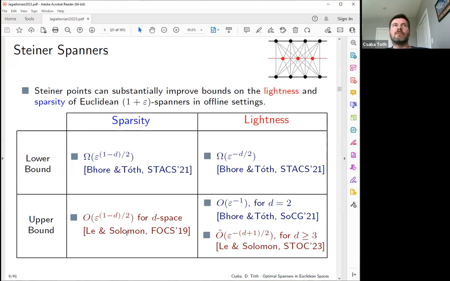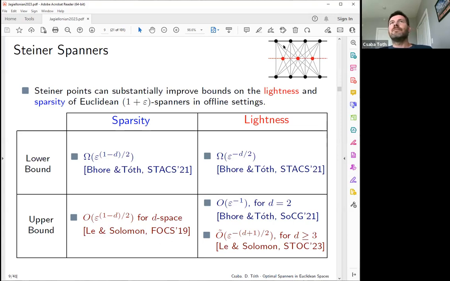Apart from the given input points, we are allowed to add extra points in the metric space, as long as they help find the shortest distance between the points. An illustration of it is in the upper right corner here.